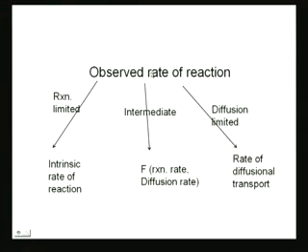So, if I go back to the screen, you will see that in the diffusion limited regime, the observed rate equals the rate of diffusional transport, and in the intermediate regime, the observed reaction rate is a function of the intrinsic reaction rate and the rate of diffusion. When I say reaction rate here in the middle, I mean the intrinsic reaction rate.